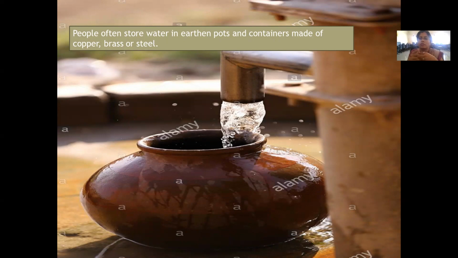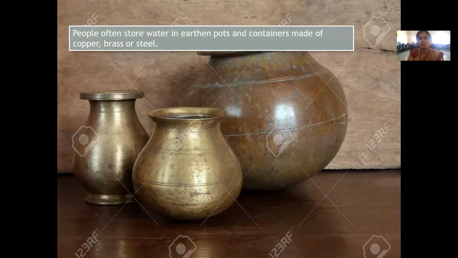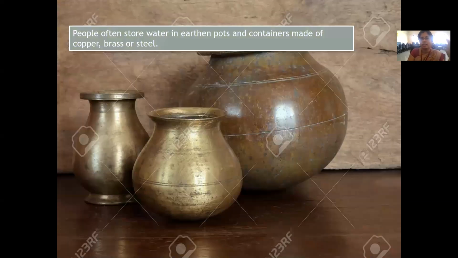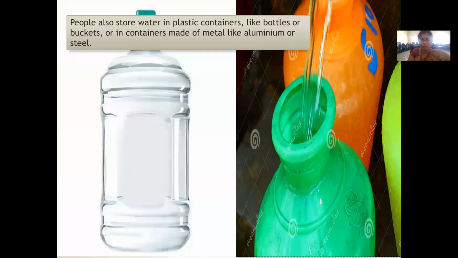That is the best habit to store water. People are often seen storing water in earthen pots, and also in containers made of copper, brass and steel. We all use such containers to store our water.